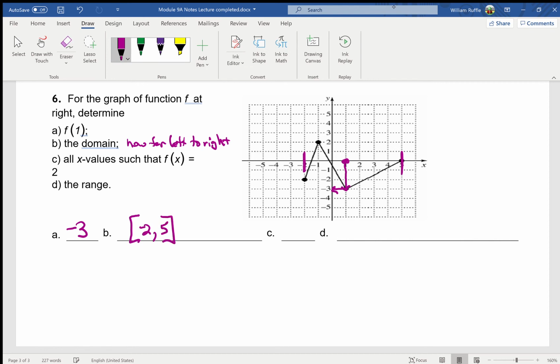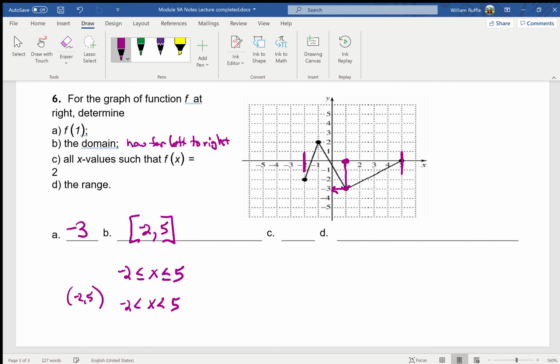If I had open circles on that, then they would be parentheses. And so now if I were to write it in interval notation, that would be -2 is less than or equal to x is less than or equal to 5. Now if these were parentheses, it'd be -2 less than x less than 5. That'd be -2 comma 5 in parentheses, if that's the domain.